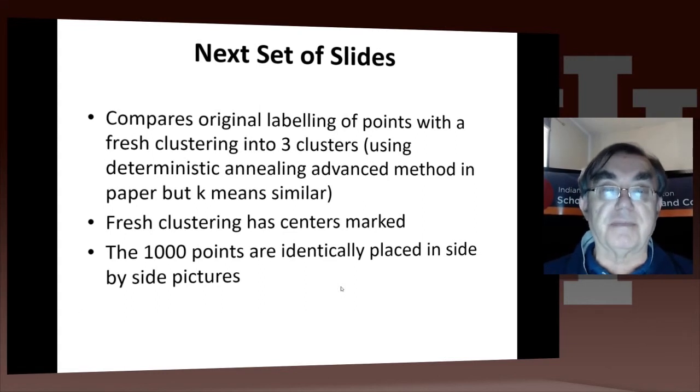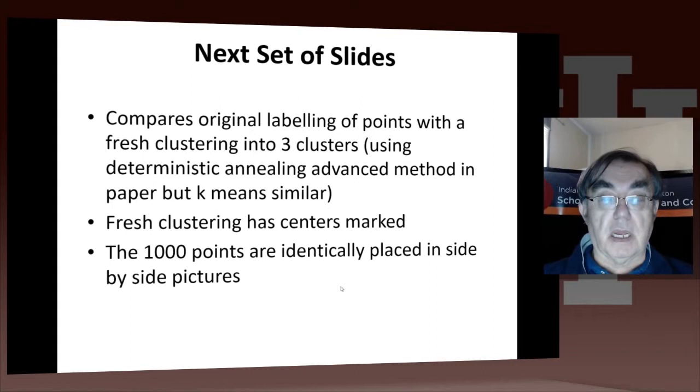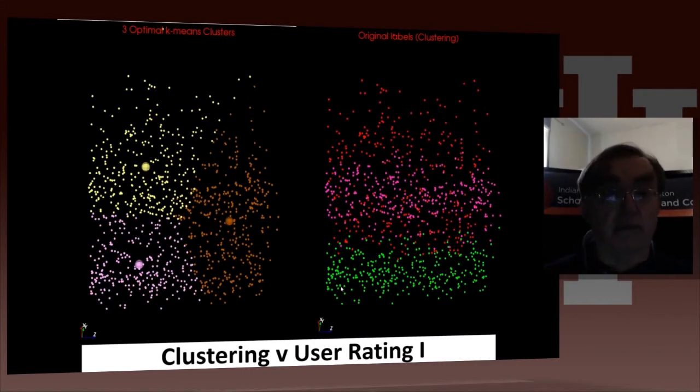We're going to look at the original labeling of Harrington, one particular clustering into three clusters, and that's just to show what happens. Finally, we'll cluster it into 28 clusters. And here, on the right is Harrington's original assignment of points to clusters, and on the left is what happens when you assign the points using k-means.